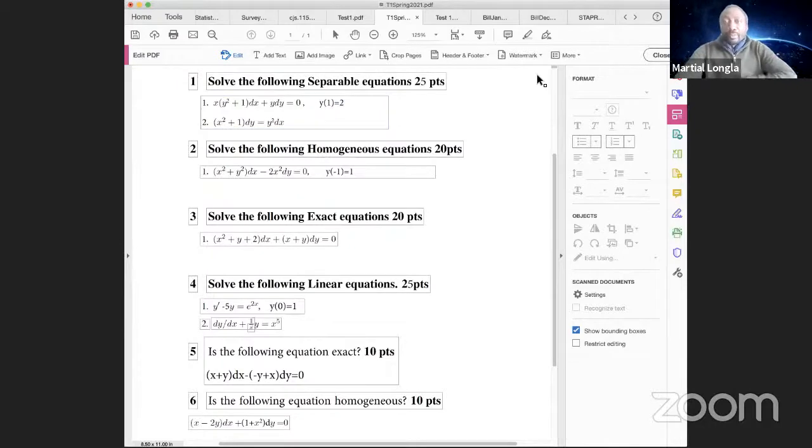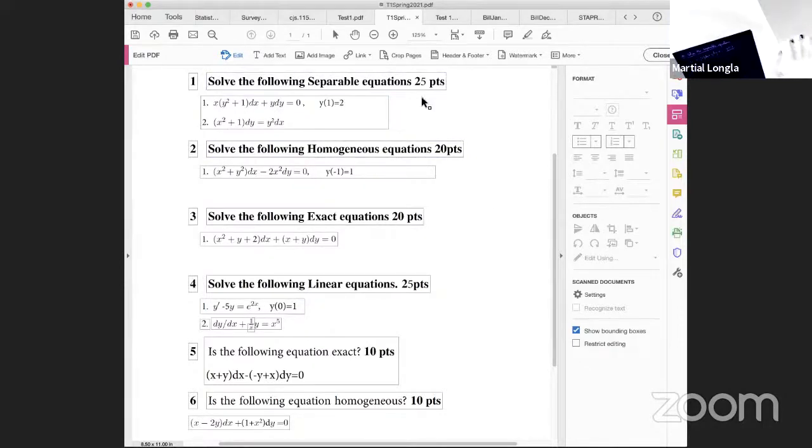So that's part of the problem. What we are going to do is stop the screen sharing, and you will be seeing the page on which we work.